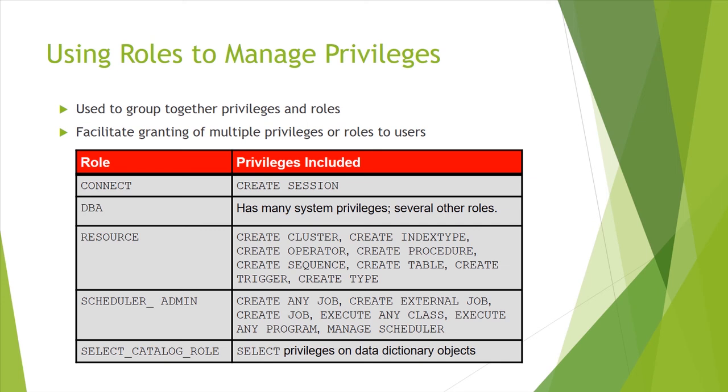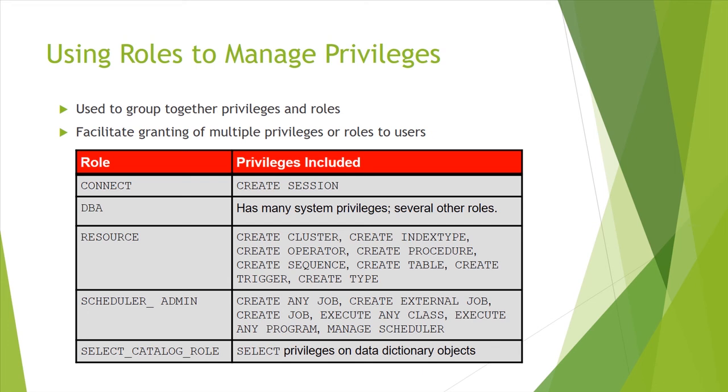As we discussed before, any database account created comes with no privileges, so it cannot even connect to the database. To allow the database user to connect, you must grant either the connect role or the create session system privilege to the newly created database user. The predefined connect role has only one system privilege, which is create session.